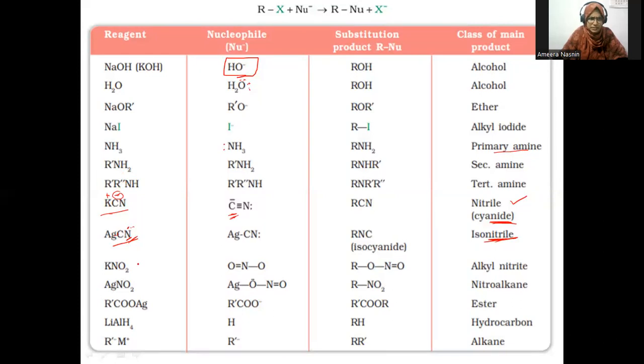A similar case can be seen here as well. When we use KNO2, we will be getting an alkyl nitrite, and if we are using AgNO2, we will end up with a nitroalkane.